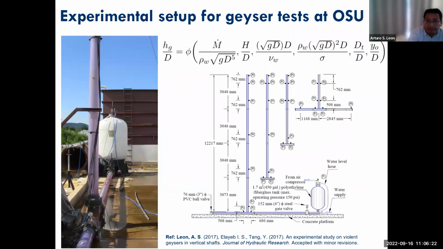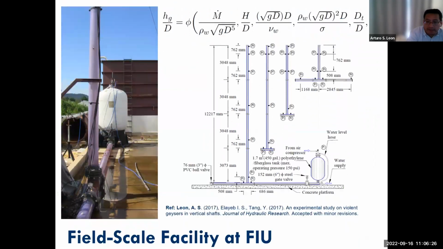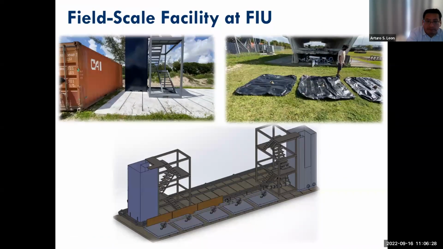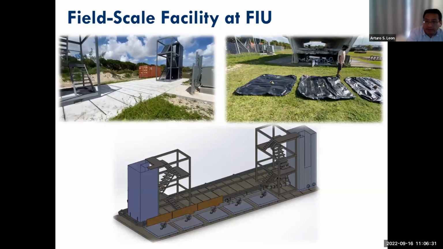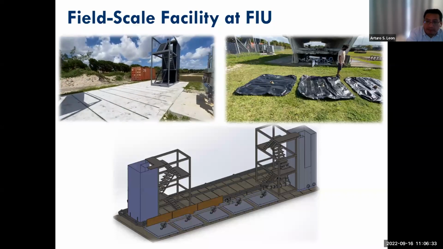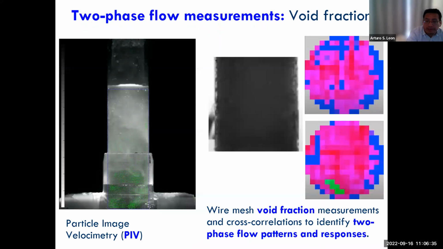These are some experiments for geysers that we have conducted before. This is a facility we have at FIU. This is an old video, but we have a facility to do simulations. And then we have to measure a number of parameters. One parameter that is extremely important in this case is measuring the void fraction, which means how much air is in the system in real time, right?